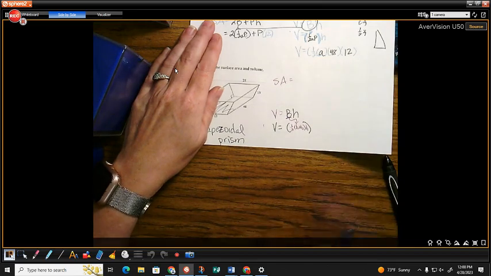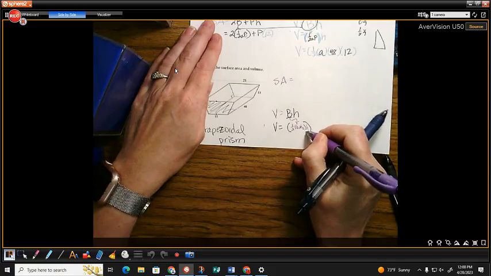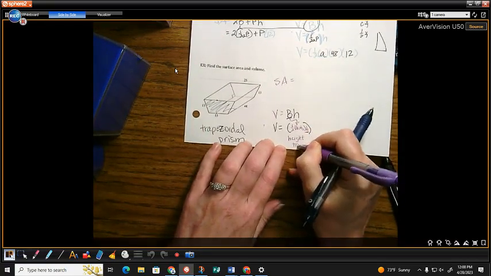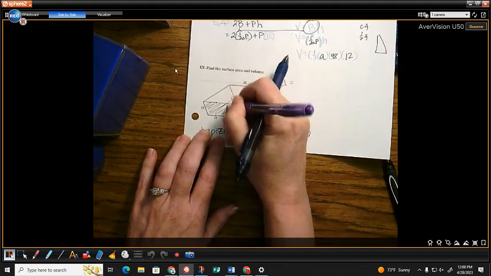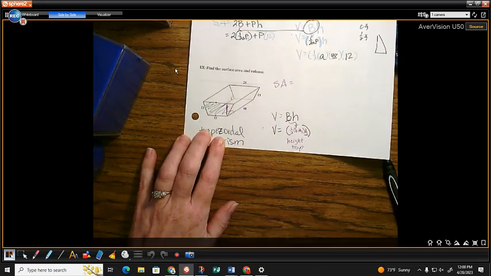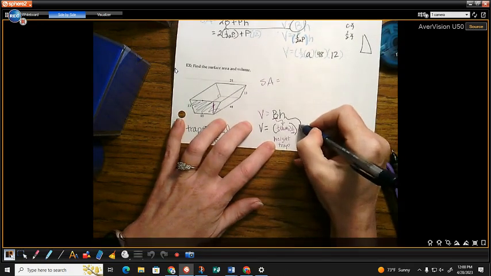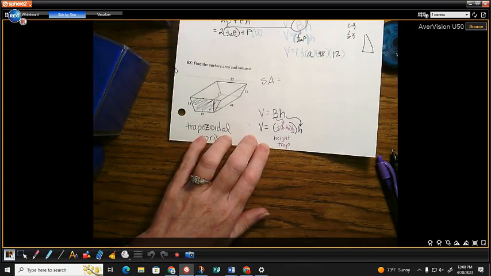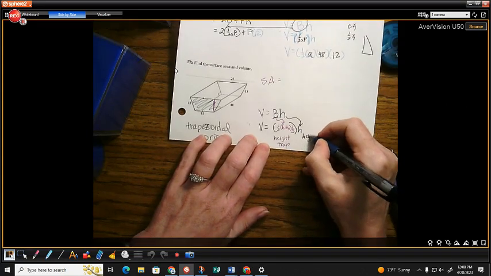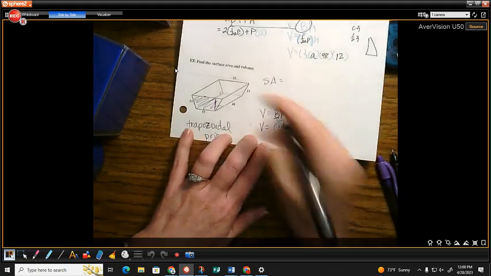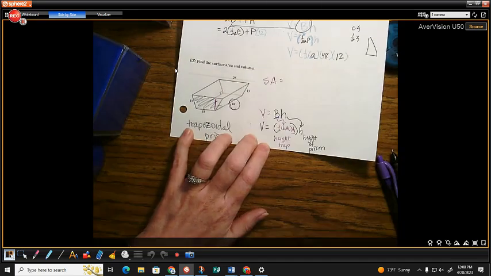Oh, but wait! Which height is this one? The height of the trapezoid. That height right there. Which height is this one right here? Height of the prism, which is this one right there.